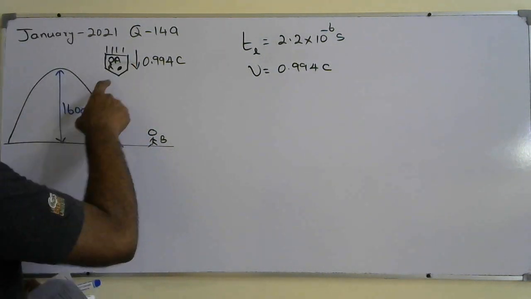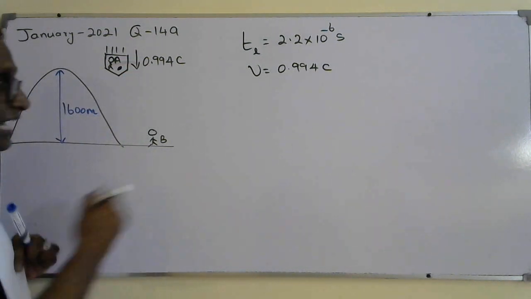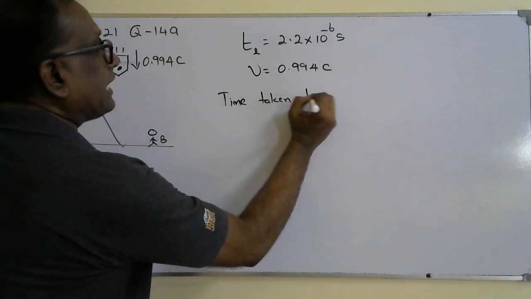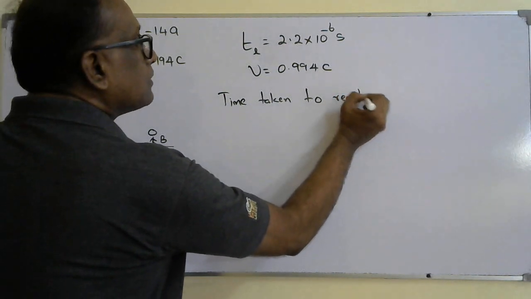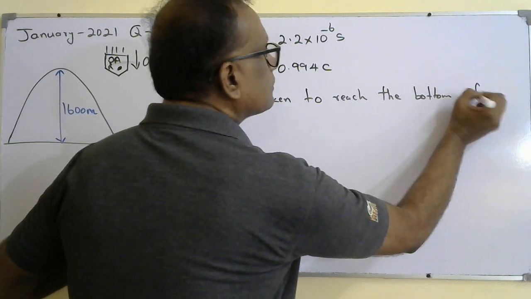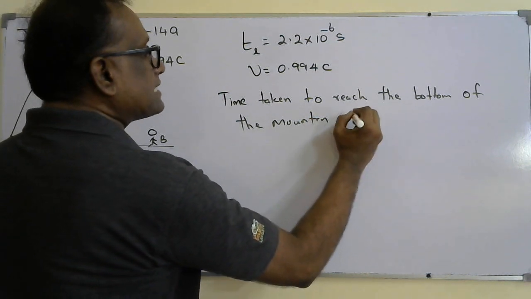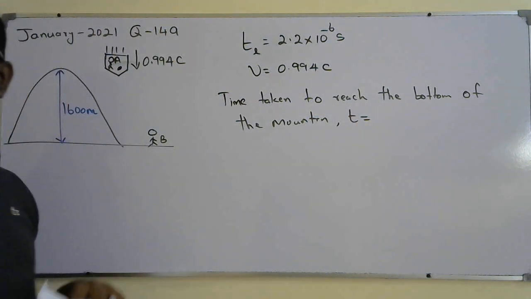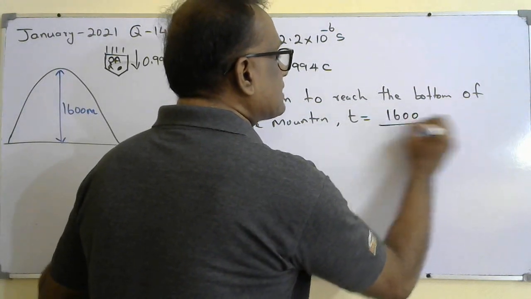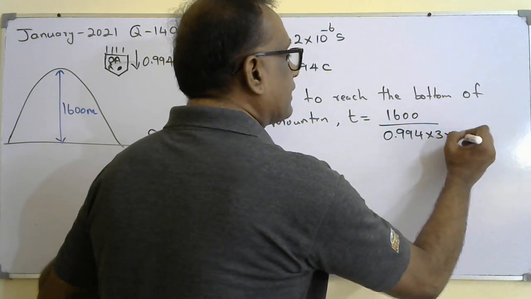So they will say the muon, or the rocket, is moving at 0.994 C. So observer B will argue the time taken to reach the bottom of the mountain is T, with speed equal to distance over time, so time equal to distance over speed, that is 1600 meters divided by 0.994 times 3 times 10 to the power 8.